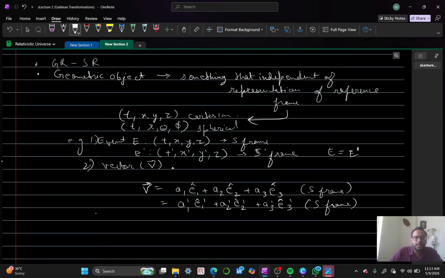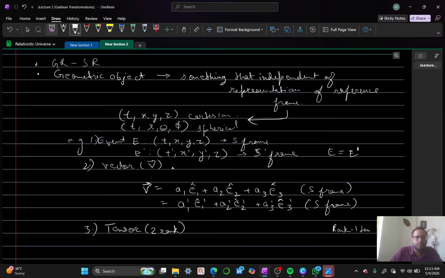Now, this was my first example. This is the second example. Let's talk about some tensor thing. A tensor is also a geometric object. Let's start the rank from 0.